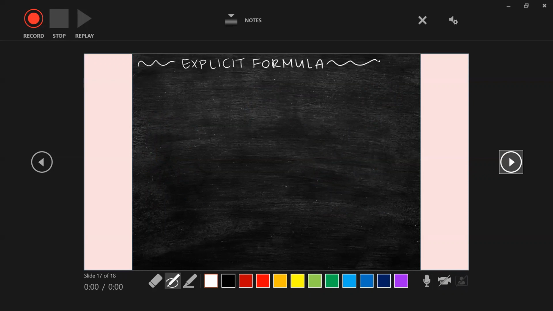And the biggest way that we know that it's going to be an explicit formula is that it will have a variable in it. Notice how the recursive formula can also have a variable in it, but the recursive formula has other things like the initial condition and the consecutive terms. So let's talk about some variable in.